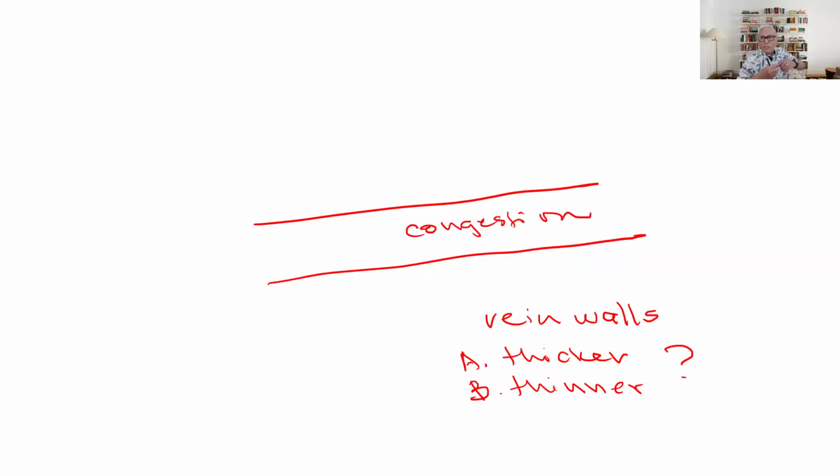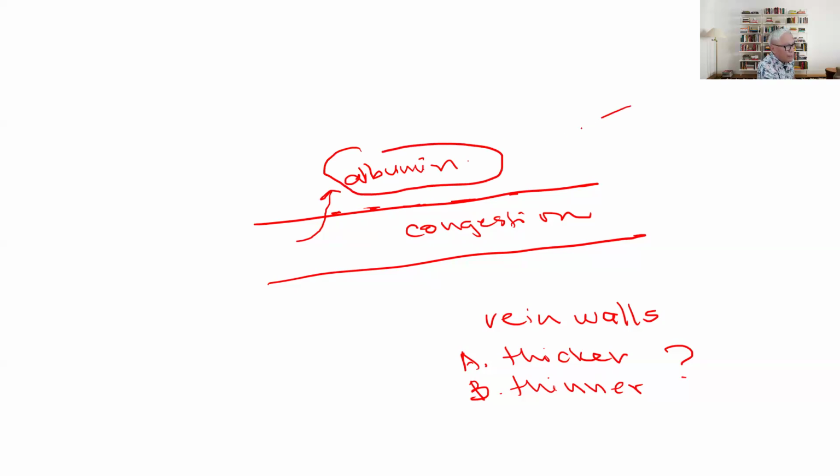Okay. They become thinner because you're stretching them out. Now, when they become thinner, the walls, which are usually semi-permeable, will now allow albumin to go out. So albumin is going to be able to escape because now these are thinner. Albumin will, what do you call that, draw or invite fluid to follow it. And that is why you have edema.